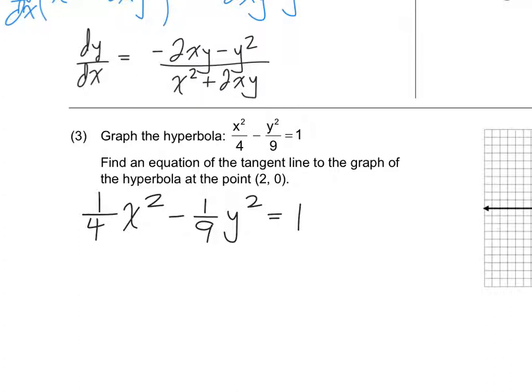So 2/4 x to the first power, so really 1/2 x minus 2/9 y to the first power, but it's a y that we're taking the derivative of, so I'm going to multiply by what? dy dx.